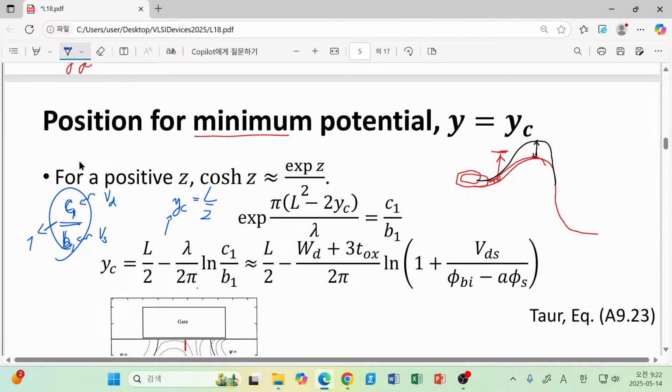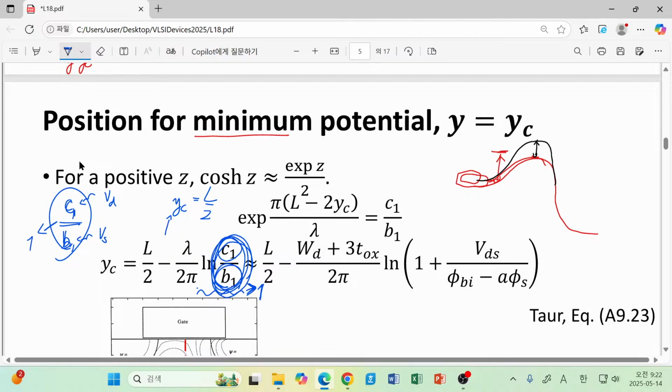However, now if we apply positive bias to our drain relative to the source, then the C1 value will become higher than B1. So now we can easily understand this ratio, C1 over B1, becomes larger than number 1.